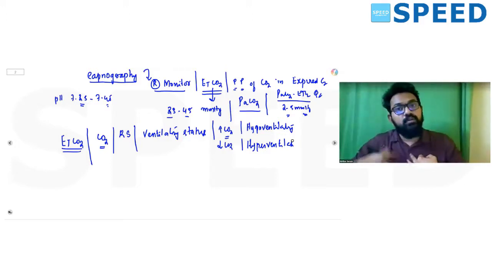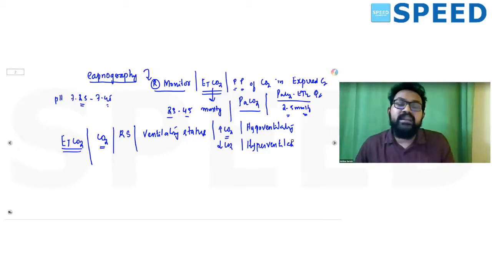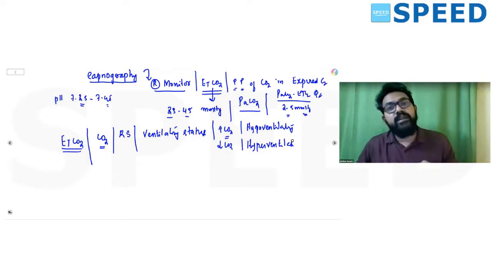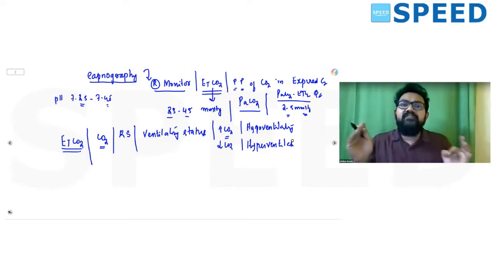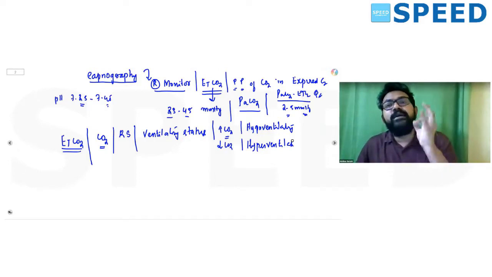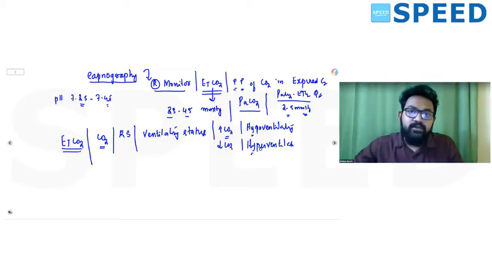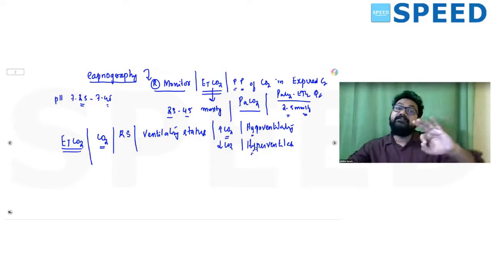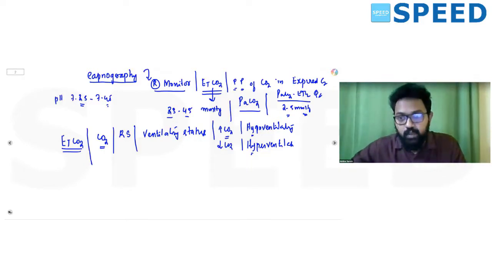Sometimes you might set too much tidal volume or too high a respiratory rate, and you might be hyperventilating the patient. Similarly, you might have set a very low respiratory rate or a very low tidal volume, where you might be hypoventilating the patient. The only way you can subjectively assess this is by looking at the carbon dioxide value. So you'll know whether you are hypoventilating or hyperventilating the patient just by looking at it. If the value is less than 25, you are hyperventilating. If the value is more than 35, you are hypoventilating the patient. Right? So this is one thing.